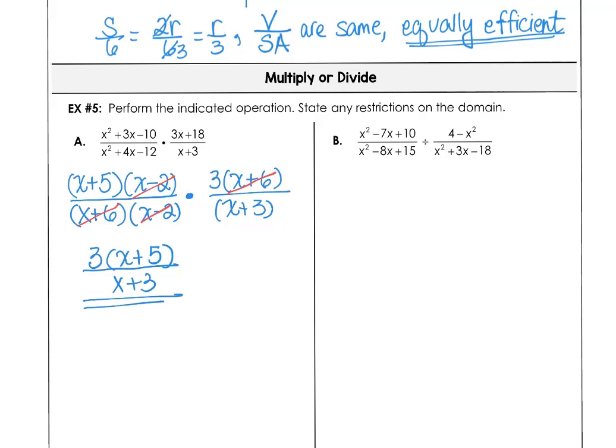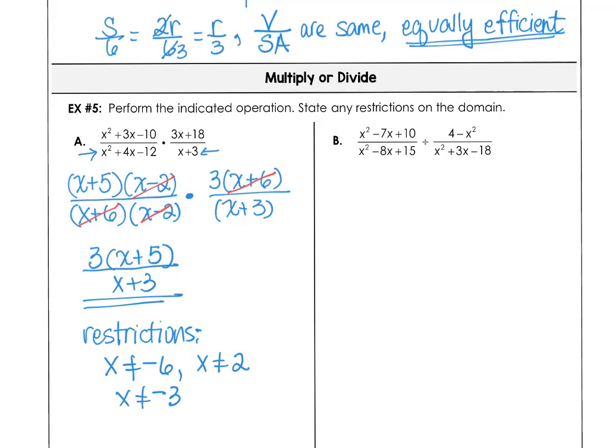We're wanting the denominators to not be 0, so our restrictions come from just the denominators of the two fractions, not having negative 6, positive 2, or negative 3 in this case. Whoop, left off the negative. Negative 3. So those are our restrictions.